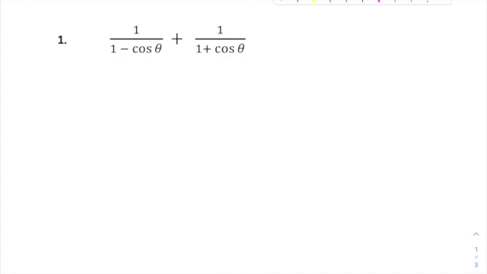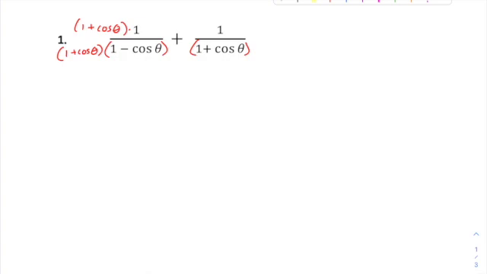How do you add two fractions? You need a common denominator. So I've got to make these two denominators the same. This first denominator has 1 minus cosine and the other one has 1 plus cosine. Then I've got to multiply this one by 1 plus cosine of theta, which means that numerator needs to be multiplied by that same amount. It's just going to be multiplied by the 1 that's already up there, so that's pretty nice.